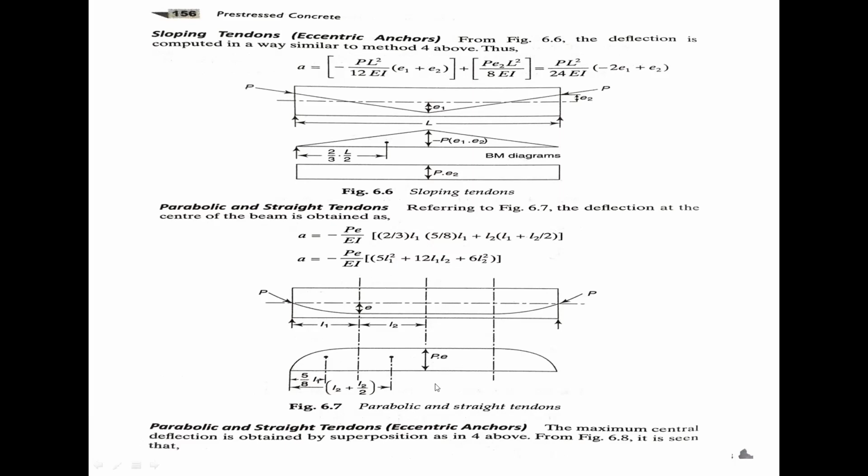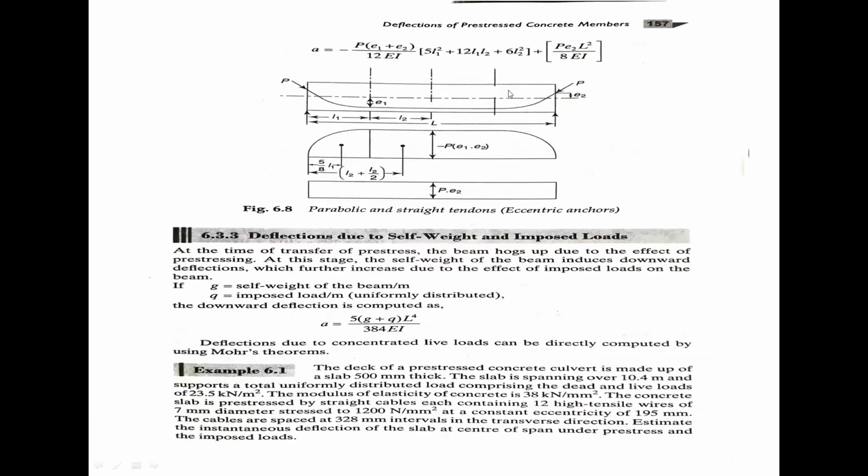The next type is the parabolic and straight tendon profile for eccentric anchors. Now we have eccentric anchors. The maximum central deflection is obtained by superposition as in method 4 above. From figure 6.8, see the diagram. This is the support with some eccentricity E2 and another one E1.